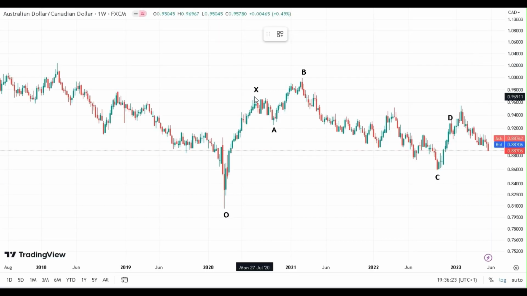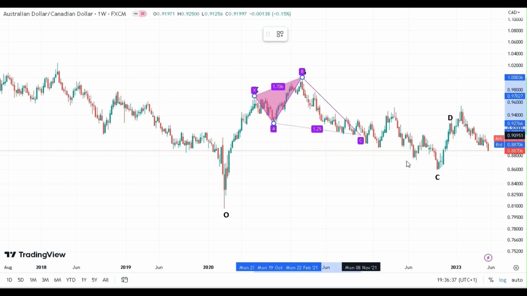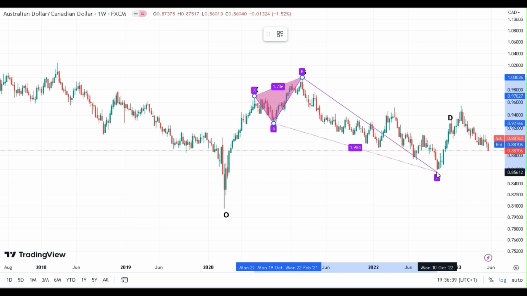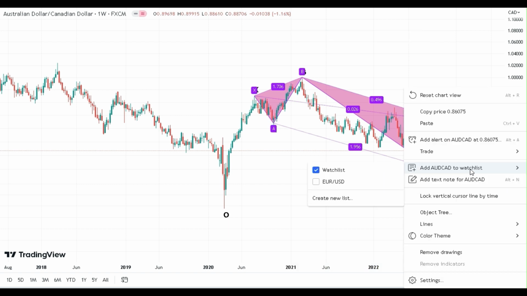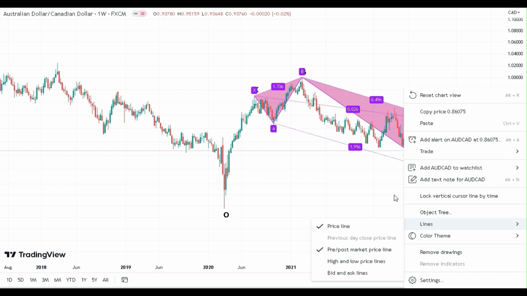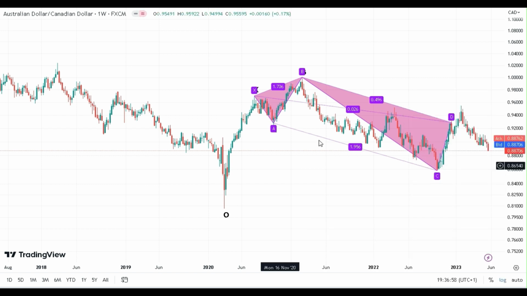You start from X, this point X, to my point A. This is my point A. Then to my point B, down to my point C, and down to this where my point D is. Good. So we've found our XABCD pattern, which is our 5-0 harmonic pattern.